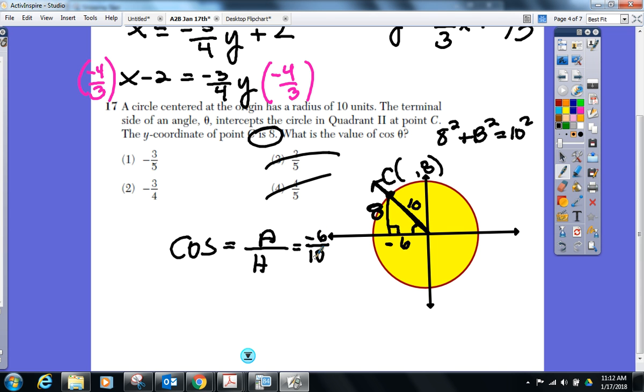Not a multiple choice, though. Oh, I have to simplify. -6 over 10 reduces down to -3/5.